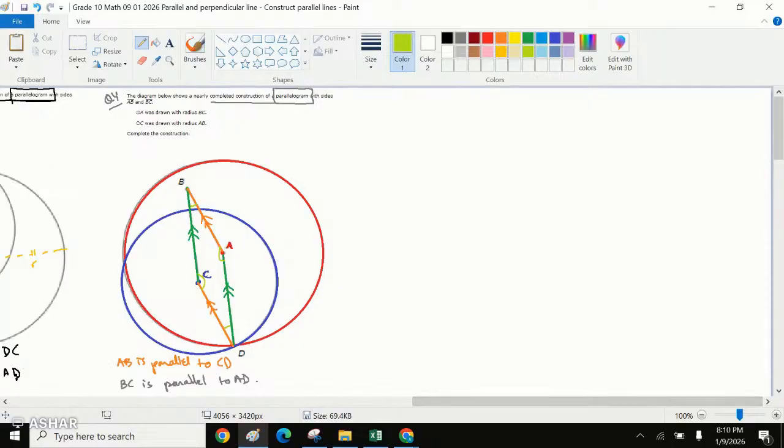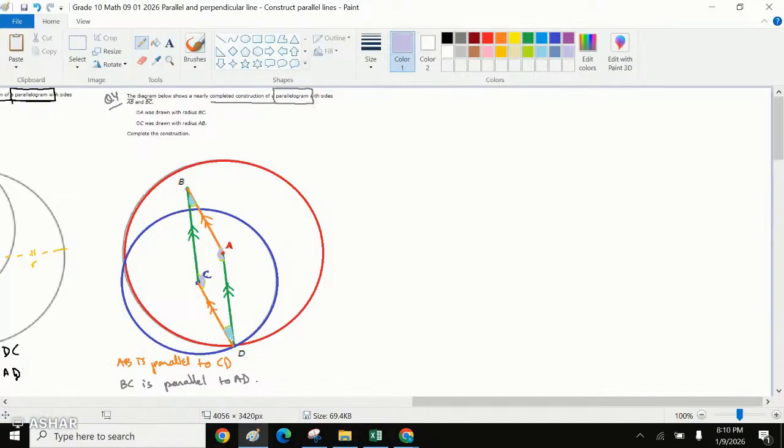So in a parallelogram, I'll highlight, this is acute, this is acute, and this angle is obtuse, and this is obtuse. So in a parallelogram, we will have a pair of acute angles, and we will also have a pair of obtuse angles, okay?